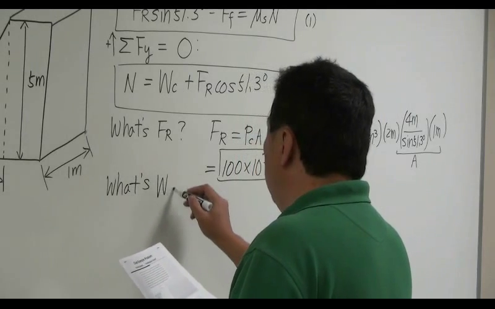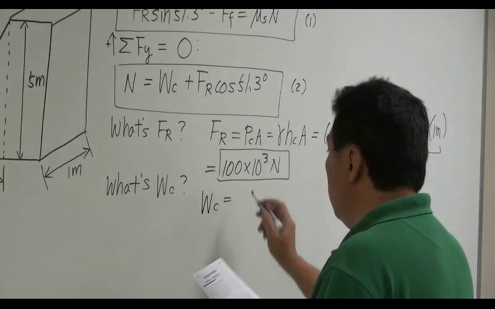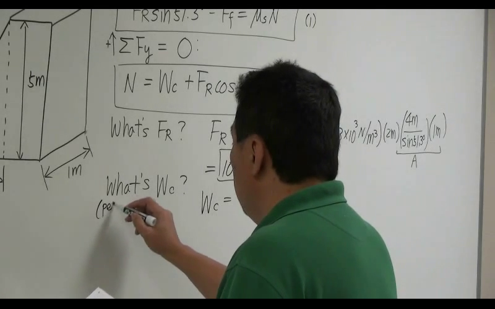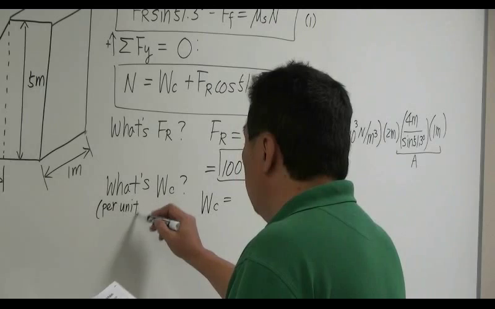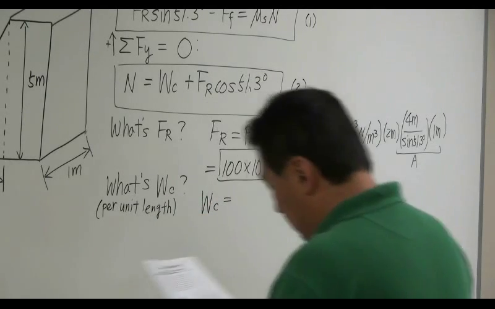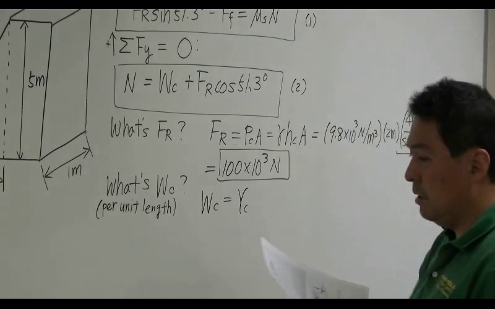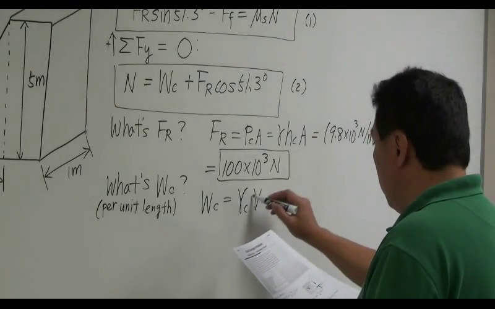What's Wc? Weight of the concrete per unit length. Weight of the concrete is gamma of the concrete, which is given, multiplied by volume of the concrete.